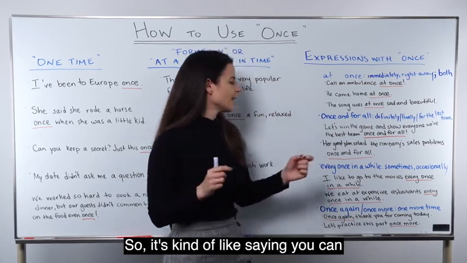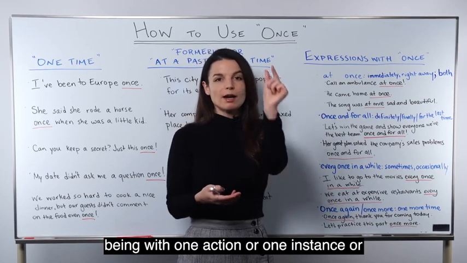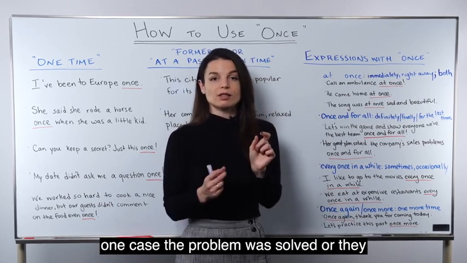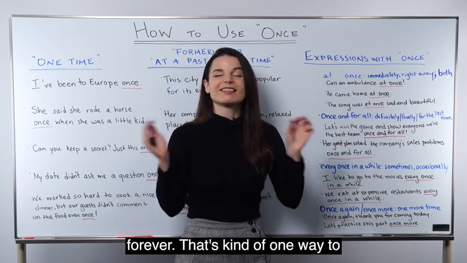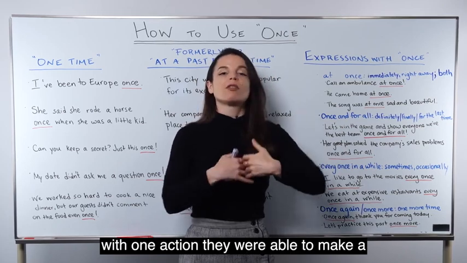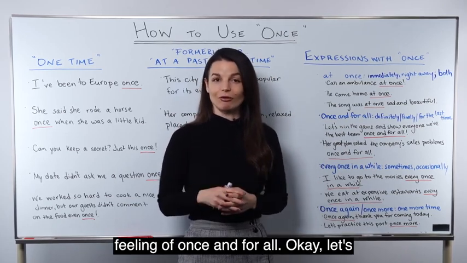You can think of this once part as kind of like being with one action or one instance or one case, the problem was solved or they were able to overcome the challenge forever. That's kind of one way to understand this. With one movement or with one action, they were able to make a change forever. That's kind of the feeling of once and for all.